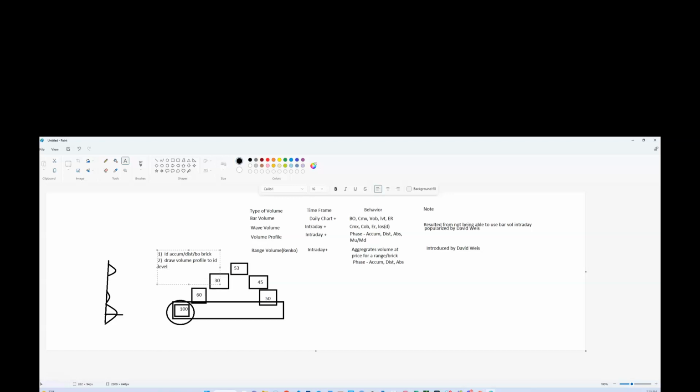What level? It would be the low volume prior to the high volume POC node. Okay? And, all right, so the low volume prior to the high volume POC, just write low volume prior to the POC and obviously the POC.